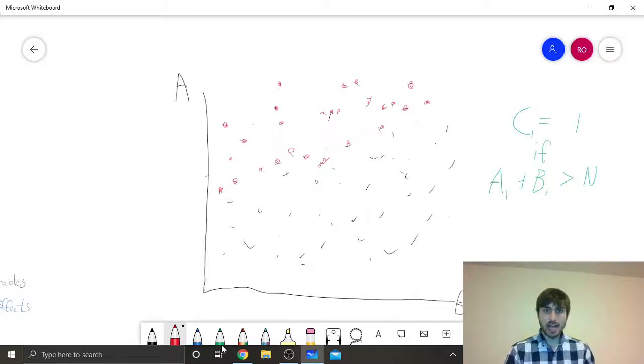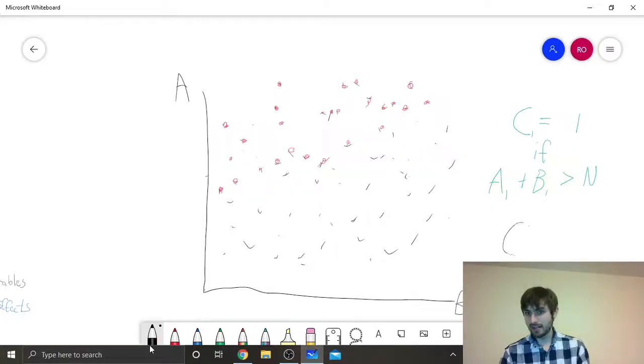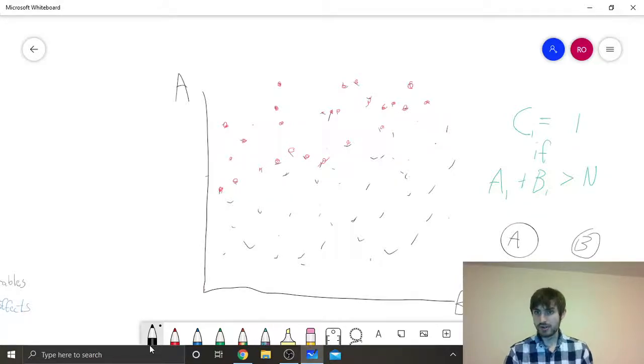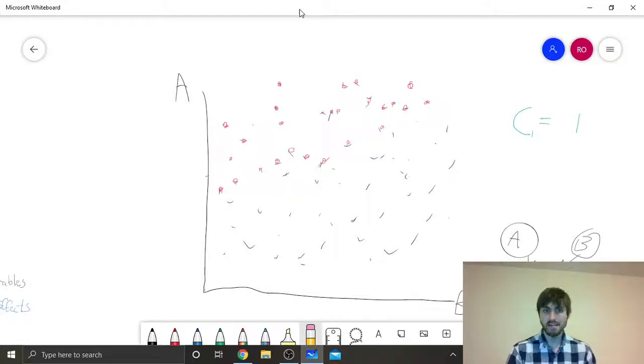So if we were to draw a directed acyclic graph, we'd have A and B. There's no causal relationship between A and B. We're looking at it like they're not related at all, but they do both affect C. So this is probably a better way than using this equation. Basically, if you have a low B or a high A, then C is true.